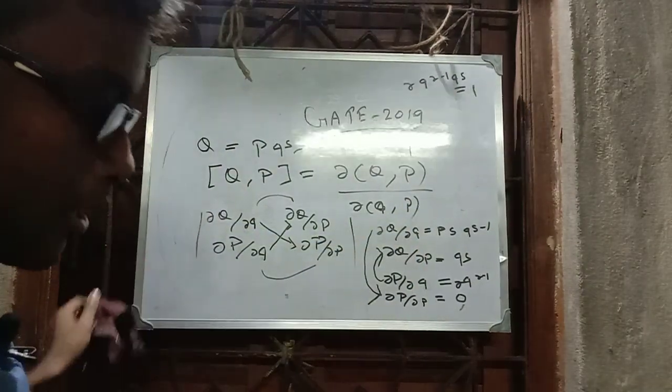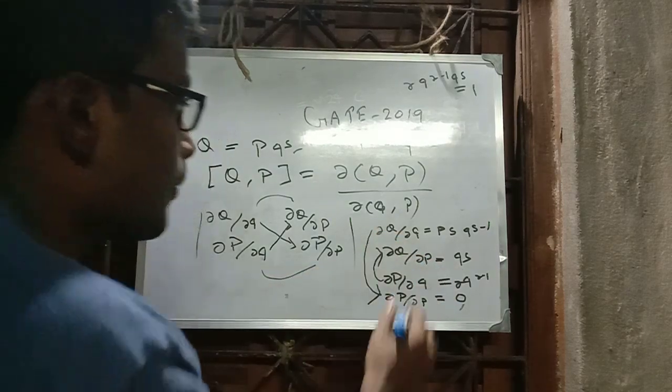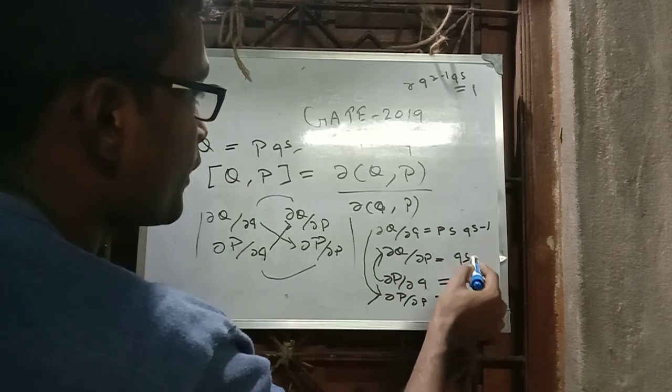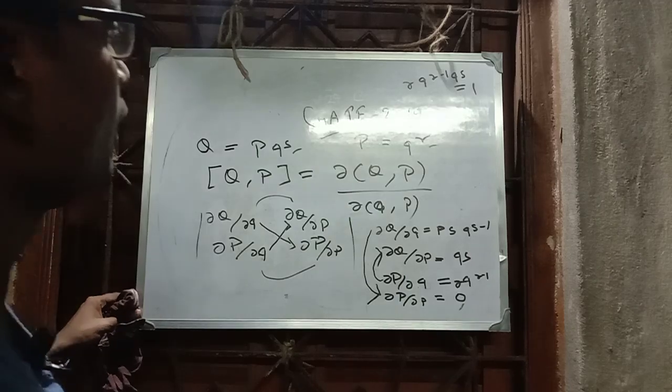Okay, the first product would be 0, minus this: so minus R q^(R-1) q^S equal to 1, as the transformation is canonical.